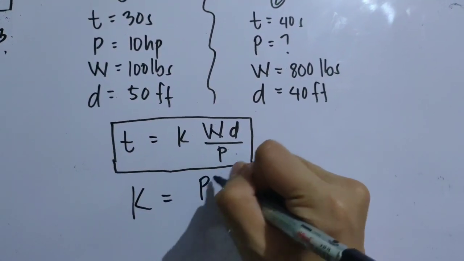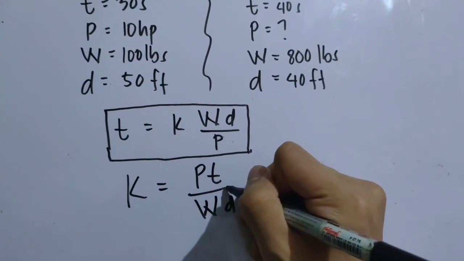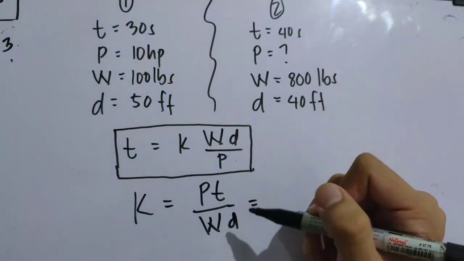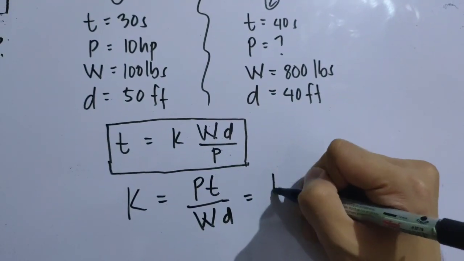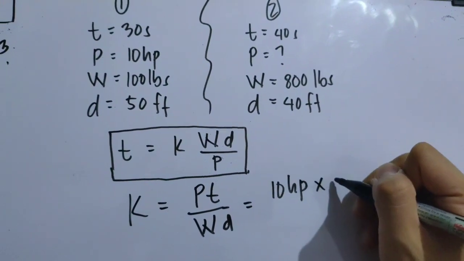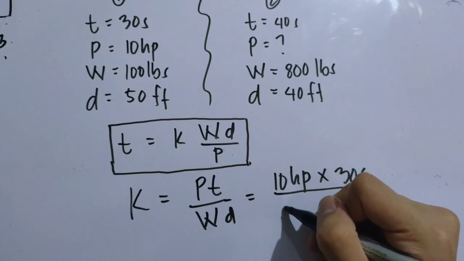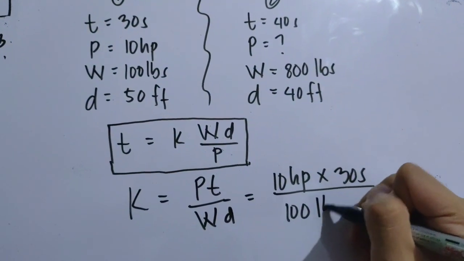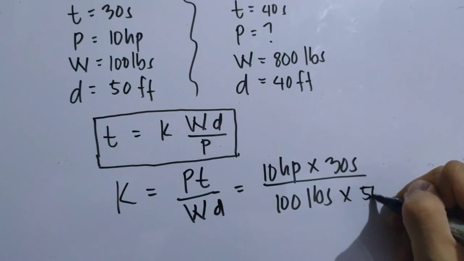So, magiging P times time over WD equals, i-substitute na natin yung mga values dito. So, yung P natin, 10 HP times yung time, which is 30 seconds, over 100 pounds, yung weight natin, times yung distance natin, 50 feet.